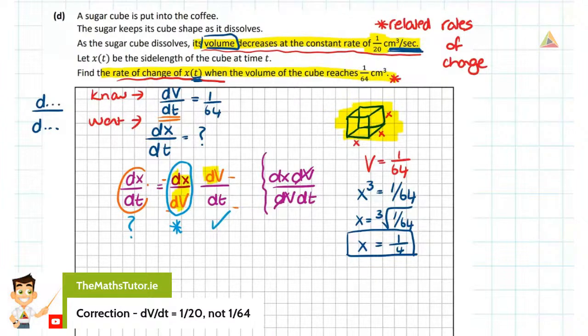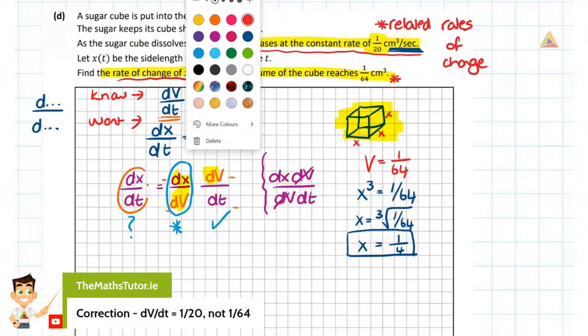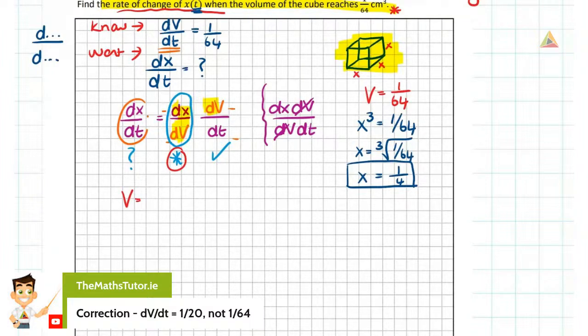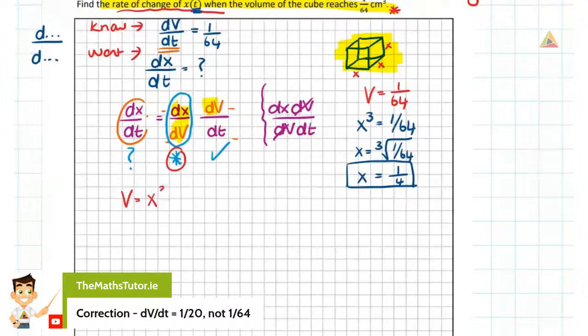So if we think about it, what's dx, what's dv? Well, v is volume and x is the length of the cube. So we know that the volume of a cube, so we're going to create a formula that links volume and the side length together. So v, our volume of a cube, is going to be x cubed. So dv dx then is just differentiating.